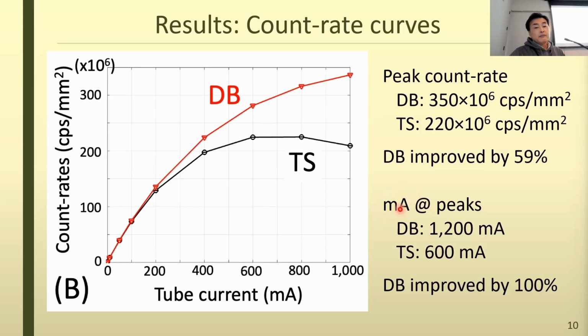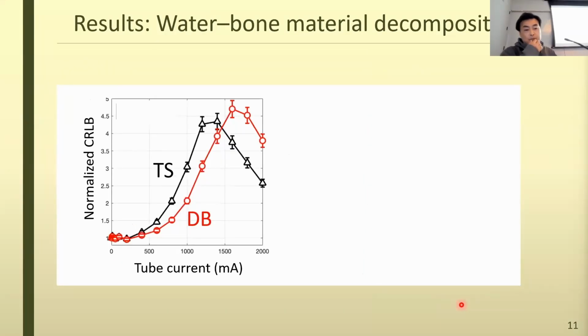The tube current achieved at the peak is 1200 milliamps for the dB compared to 600 mA for the TS. So dB improved the count rate or tube current range usable until saturation by a factor of 100%, which is a good improvement.